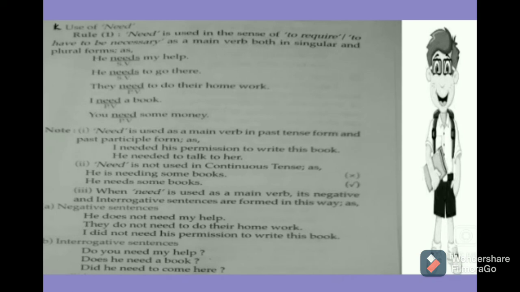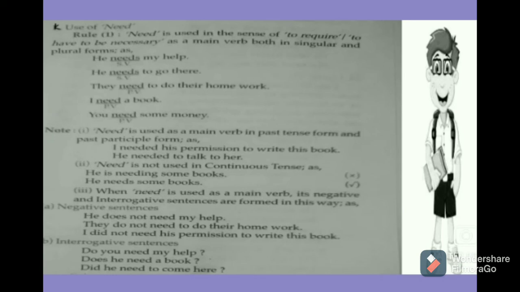Second one, let's see what is written as second point. Need is not used in continuous tense, as he is needing some books. This sentence is wrong. Instead, you can write he needs some books. That's correct. Third point, let's see.